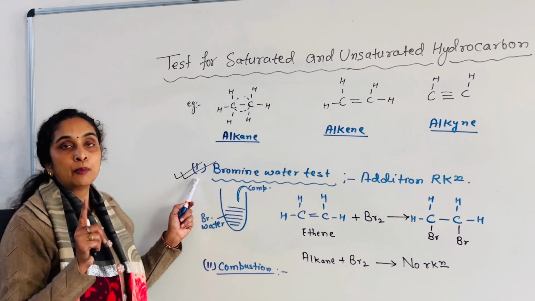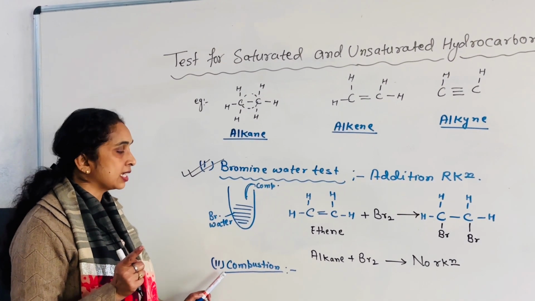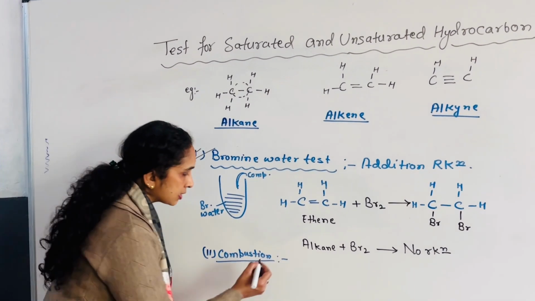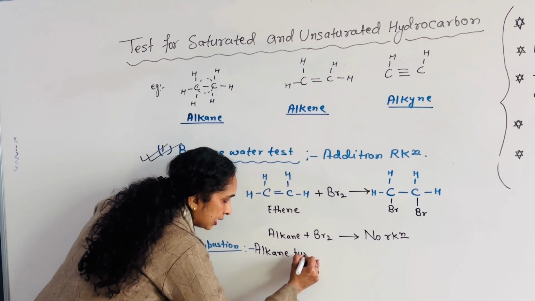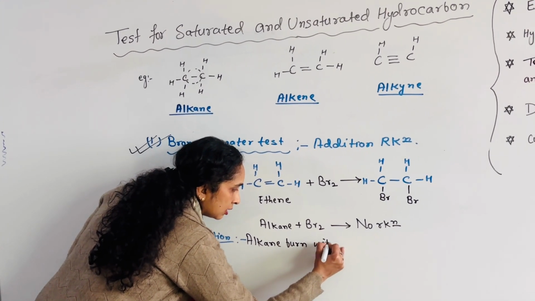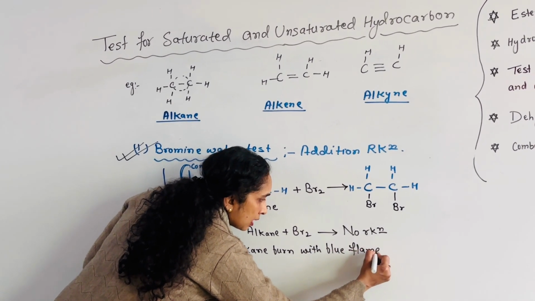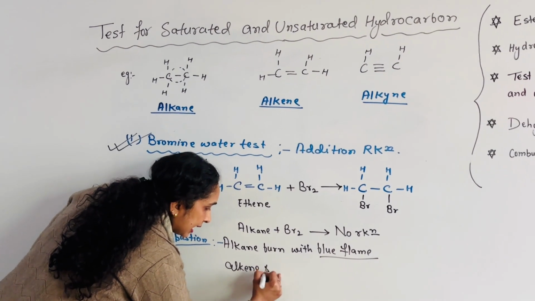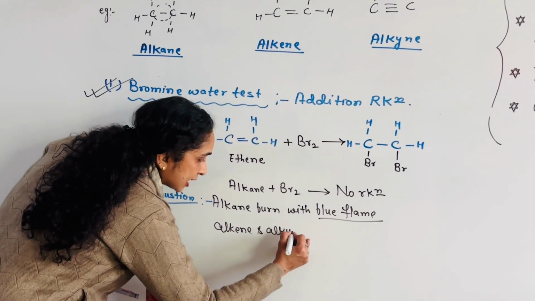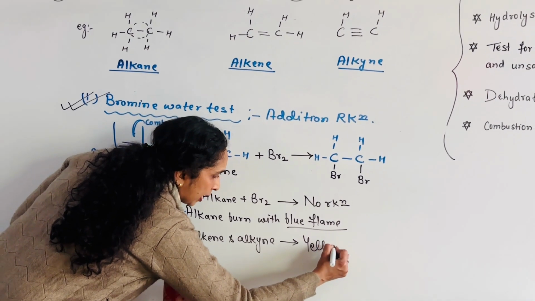Number 1 is the bromine water test, it is very important, and the second one is combustion, because alkane burns with a blue flame, and alkene and alkyne, it means unsaturated hydrocarbon, burn with a yellow flame.